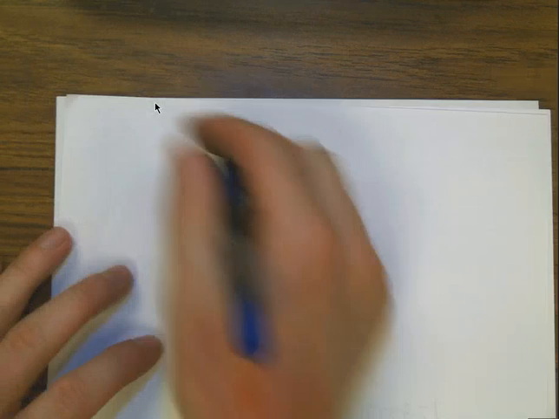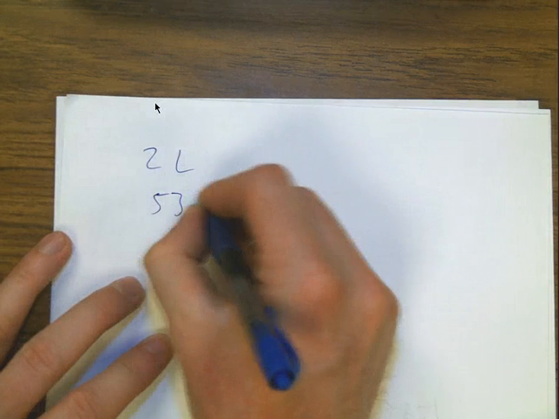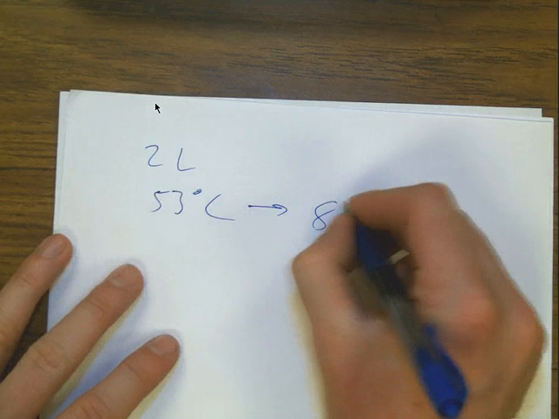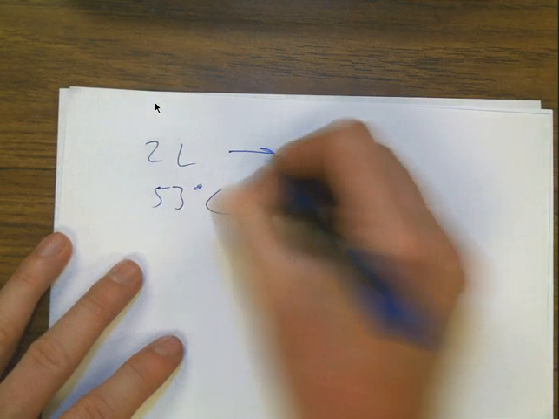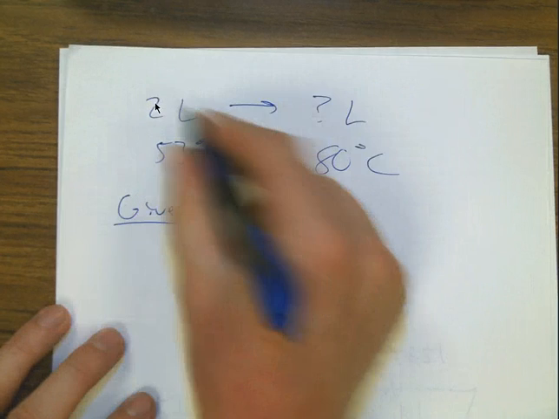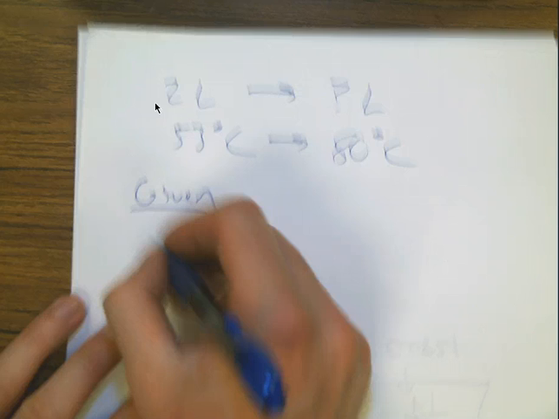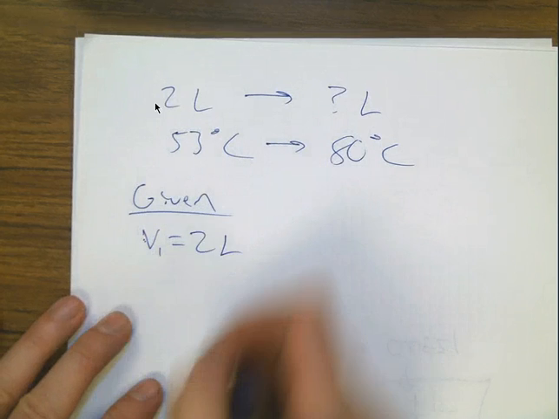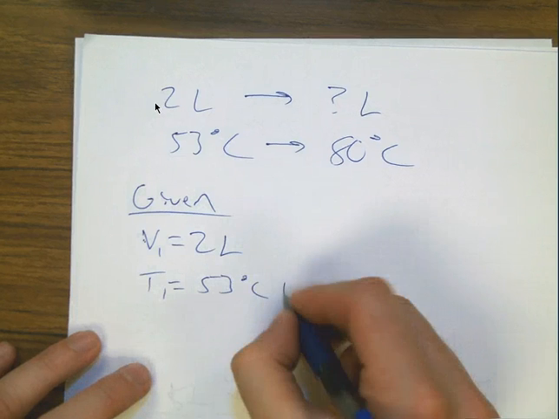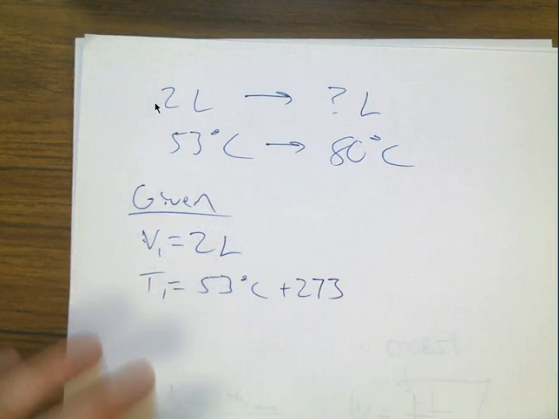Now, a different type of problem. Say I have a problem where I'm dealing with a change in a gas. Say its volume is 2 liters, and its temperature is 53 degrees Celsius, and I heat the temperature up to 80 degrees Celsius. And I want to know what the volume increases to. Well, the given information you'd want to label. This is before the change, that's after the change. The volume before is 2 liters. The temperature before is 53 degrees Celsius, but we want to represent that in Kelvin, so I would have to add 273.